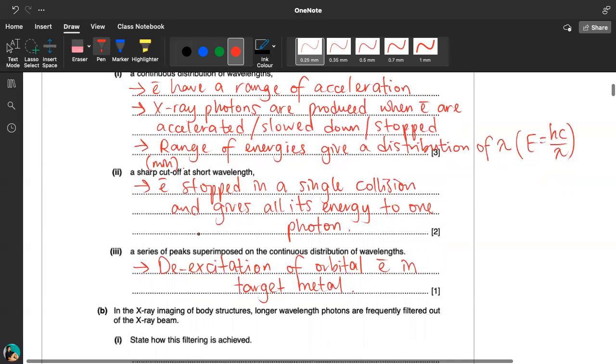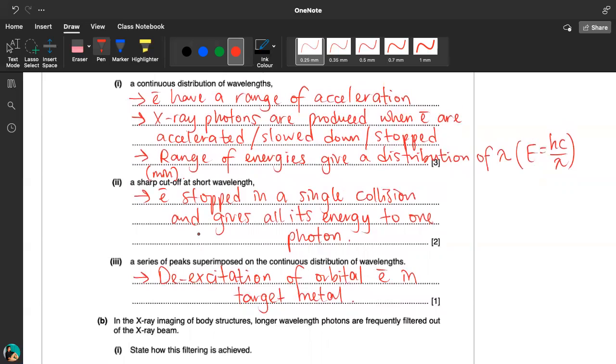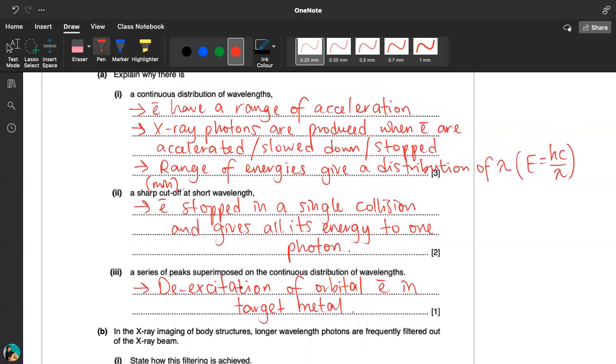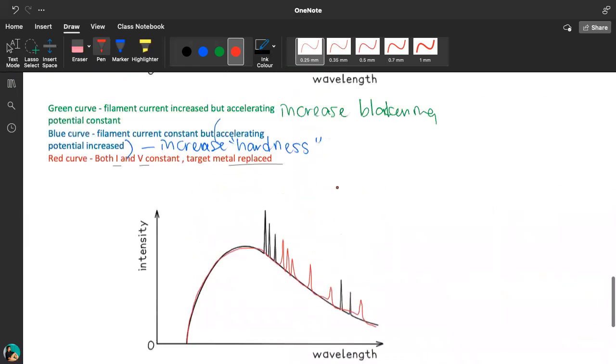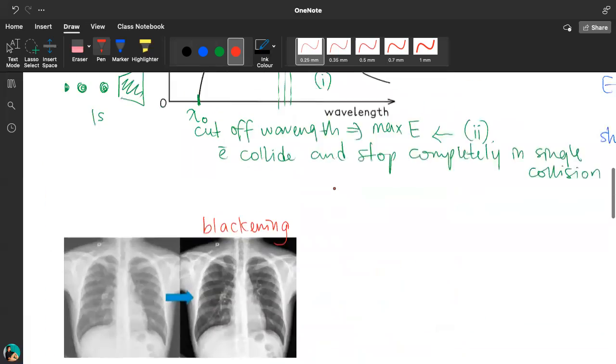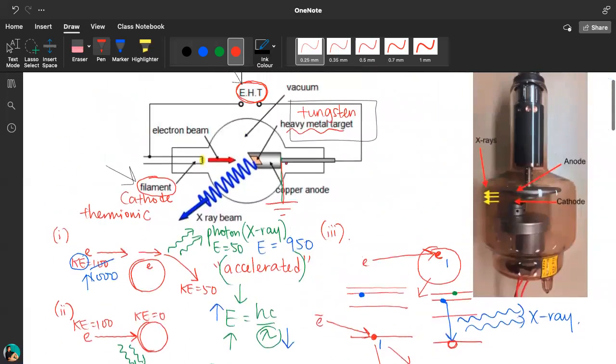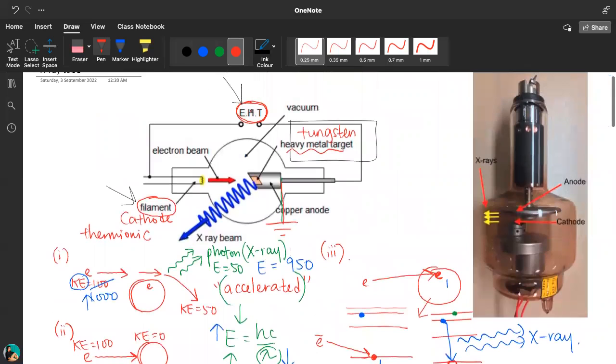In the X-ray imaging of the body structures, longer wavelengths are frequently filtered out. How is the filtering achieved? Just now we mentioned the increased hardness, right? From just now, we increase the accelerating voltage to increase the hardness. That's one way.